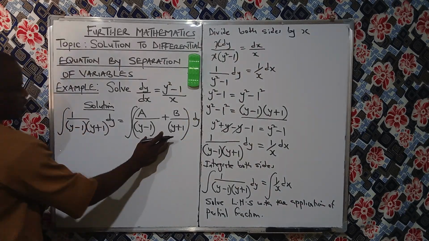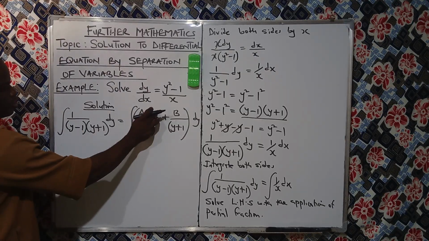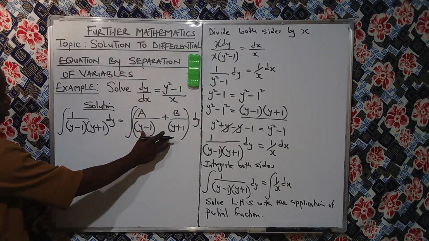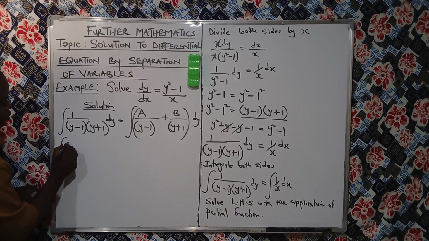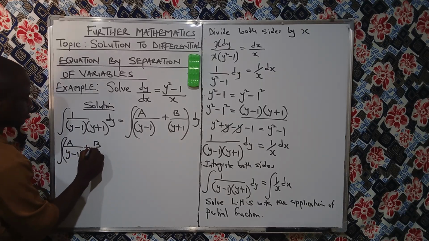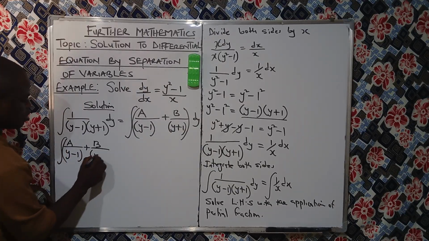Now we're still going to equate the numerator to the numerator of what you have here. But let's solve this one first. What you have here: the integral of a over y minus 1 plus b over y plus 1.